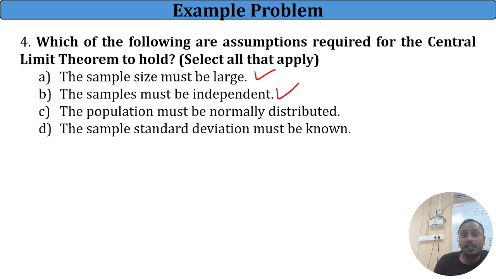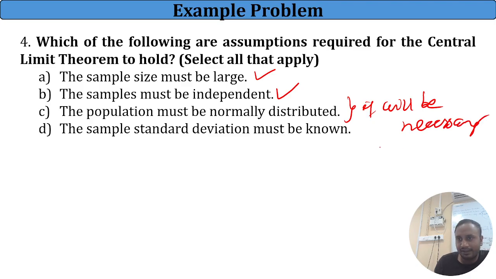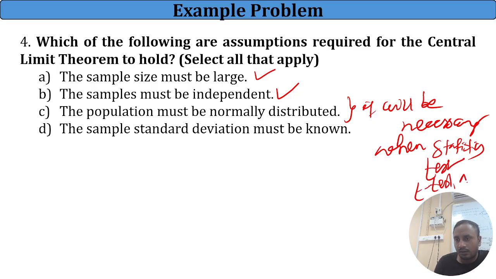And the population must be normally distributed? No, that is not necessary. It will be necessary when we talk about statistical tests like the t test or ANOVA.